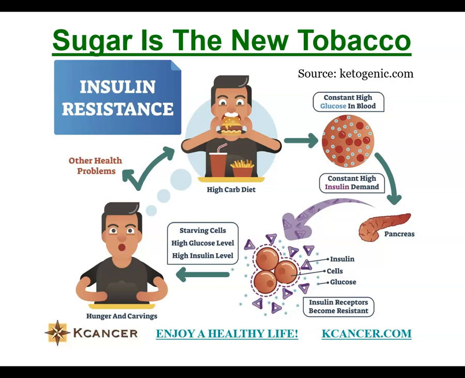When we consume more carbs, there is always glucose in our blood, and insulin needs to be continuously secreted. Because of the overuse of the system, the insulin receptors become resistant. But in order for the system to work, we still need to secrete insulin. That is the consequence: high glucose results in high insulin in the blood.